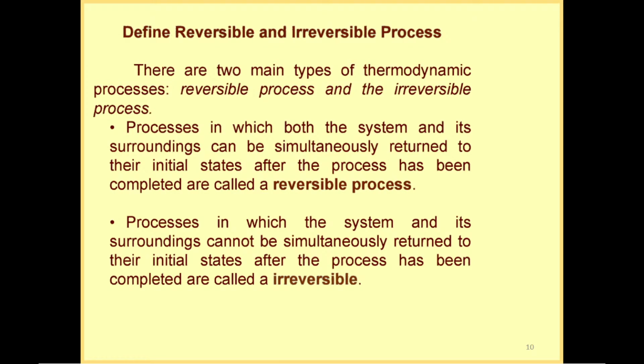There are two main types of thermodynamic processes: reversible processes and irreversible processes. Processes in which both the system and its surroundings can be simultaneously returned to their initial states after the process has been completed are termed reversible processes.